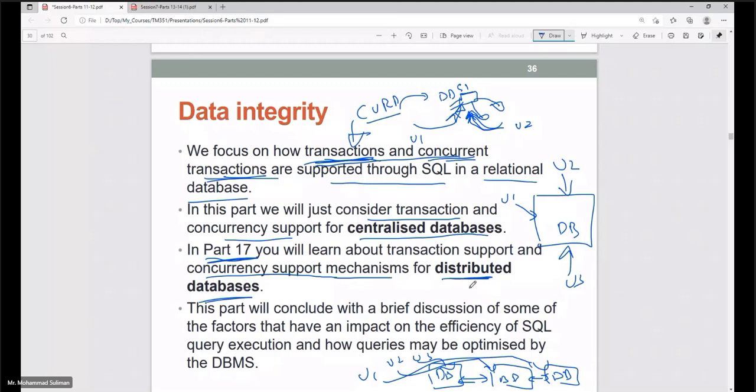We'll see that in part 17. This part will also conclude with a brief discussion of some of the factors that have an impact on the efficiency of SQL query execution and how a query may be optimized by the DBMS.